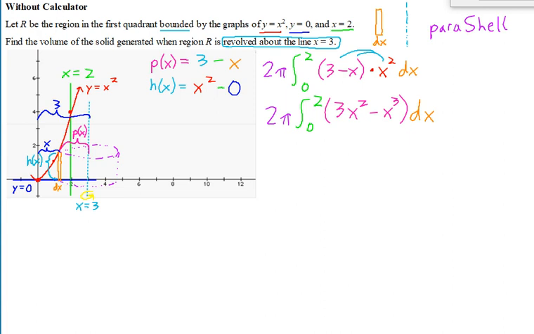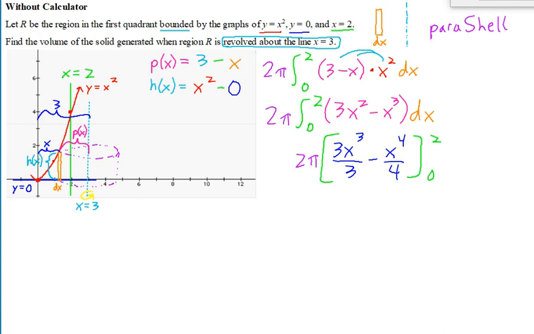And now we can integrate it. So we integrate 3x squared, we get 3x cubed over 3 minus x to the 4th over 4, from 0 to 2, and we still have the 2 pi out in front.